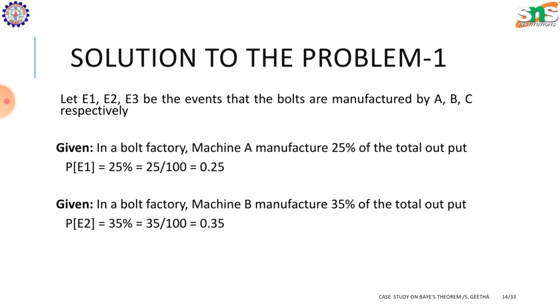Also, in a bolt factory, machine B manufactures 35% of the total output. Therefore, P of E2 is equal to 35%, which is equal to 35 divided by 100, which is equal to 0.35.